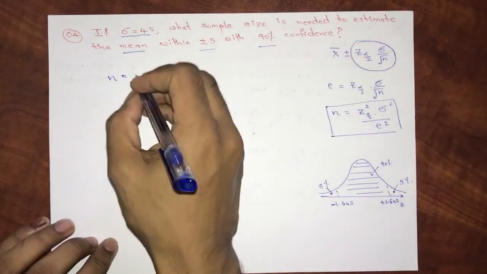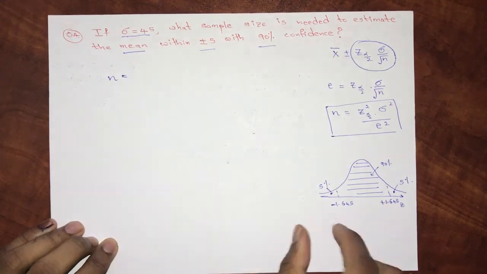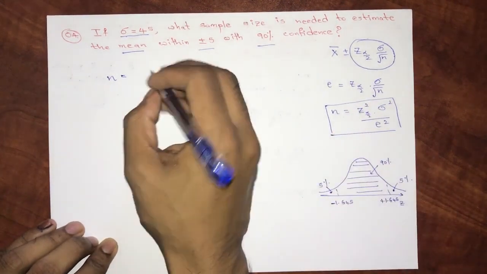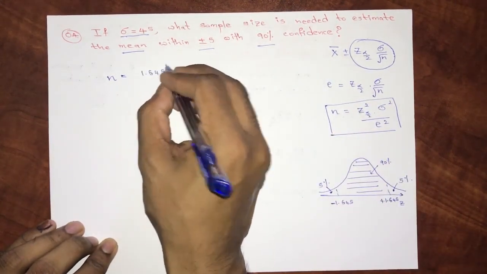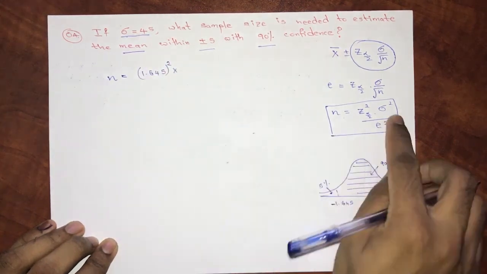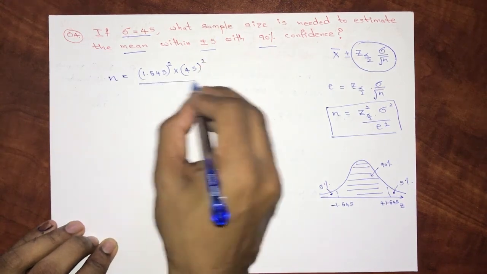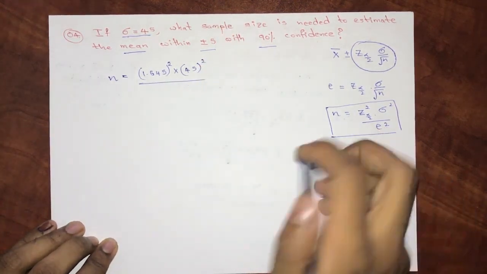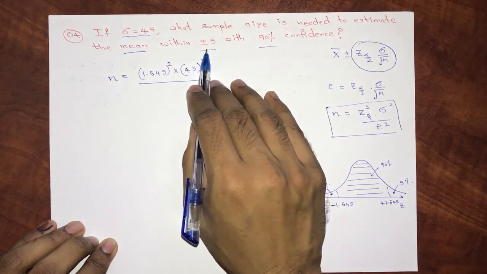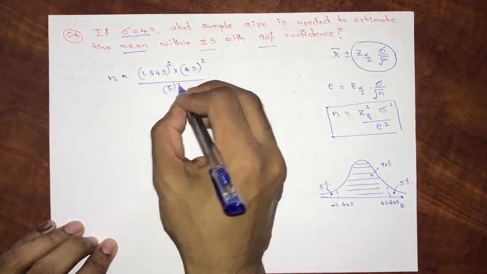So now I'm going to simply substitute that value. Plus or minus doesn't matter, since we are squaring it. So 1.645 squared times sigma squared, which is 45 squared, divided by E squared. E is given as plus or minus 5, so it is 5 squared.